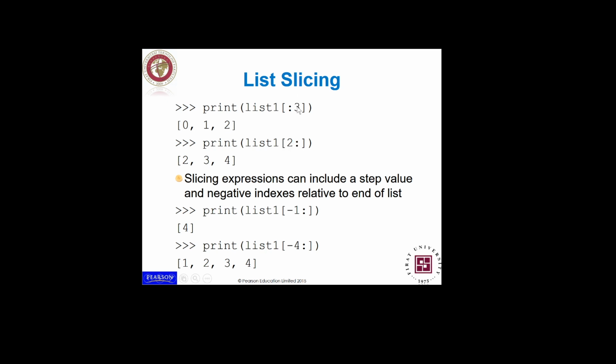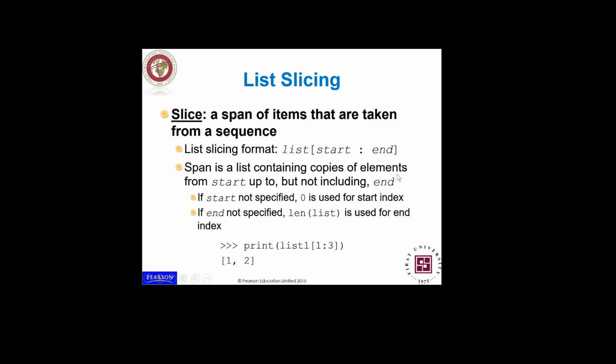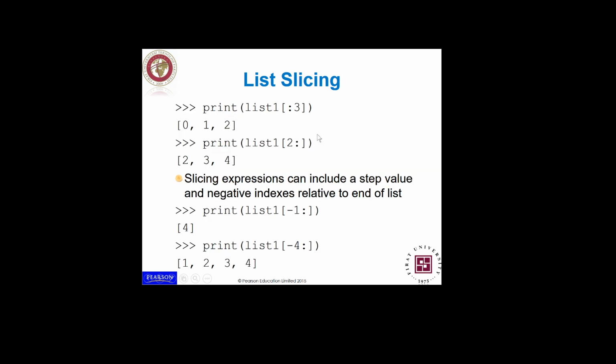If you drop the end, the last location of the slicing, it will take from wherever we start until the end of the list. In this case, we are starting from index 2, so 0, 1, 2, from 2 until the end of the list, 2, 3, 4.